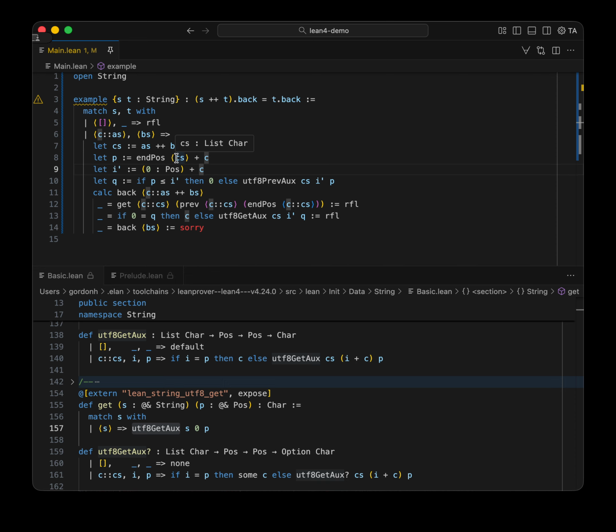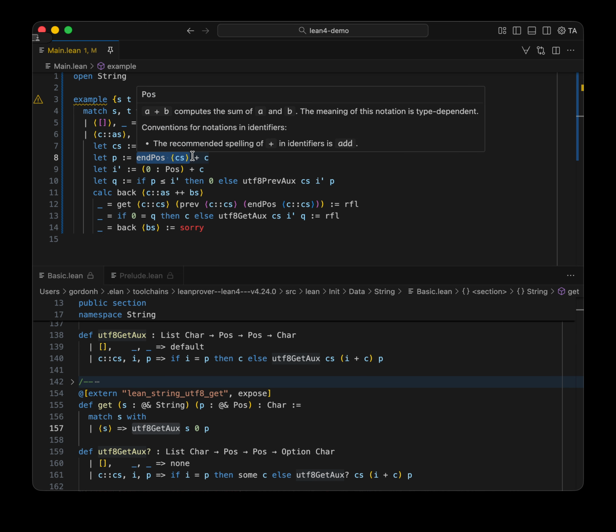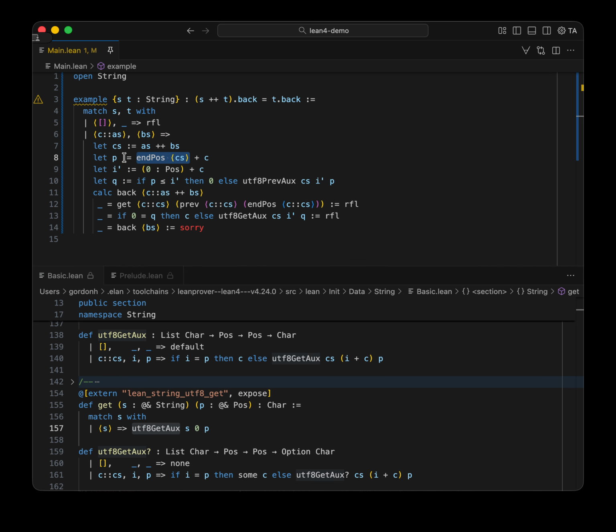And in any other case where CS is not empty, then CS will contain at least one character, leading to the ending position of the string being greater than 0. So in that case, p will never be less than i prime, and then the right-hand side will be taken. So it seems like we have to argue by cases.